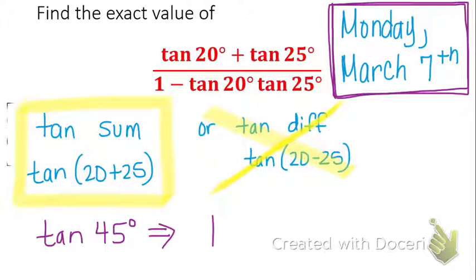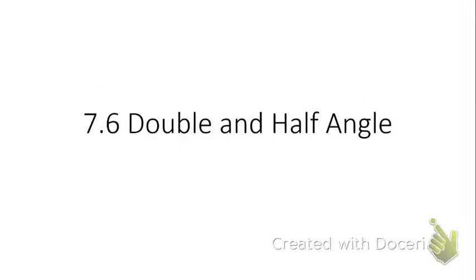So draw a line. And we're going to start 7.6, which is double and half angle.